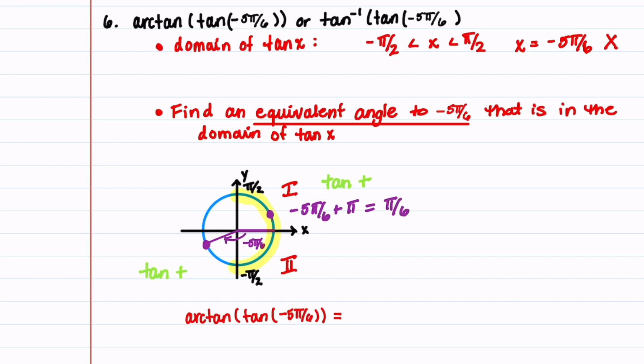We can then write arctan of tan of minus 5 pi over 6 as arctan of tan of pi over 6, which is in the domain and allows us to use the cancellation equation. So this is equal to pi over 6.